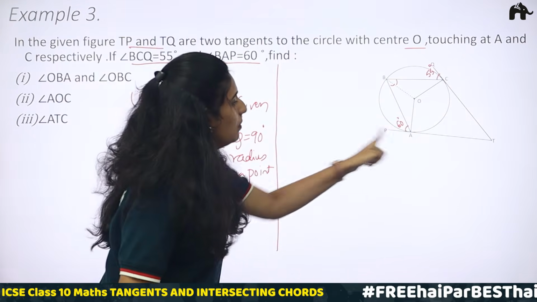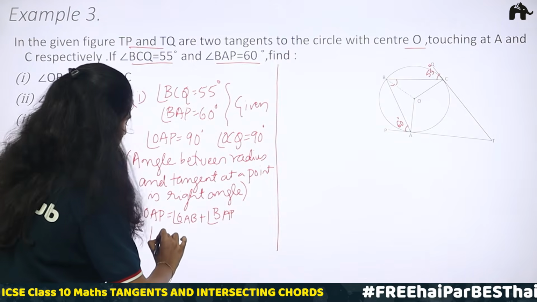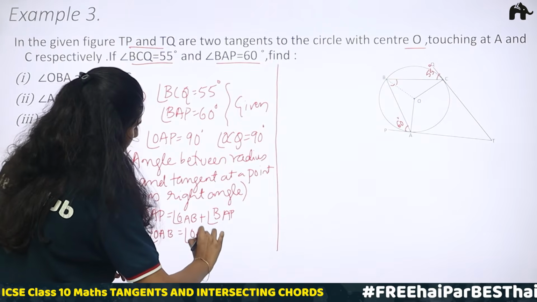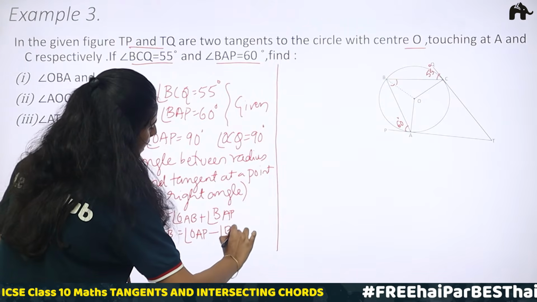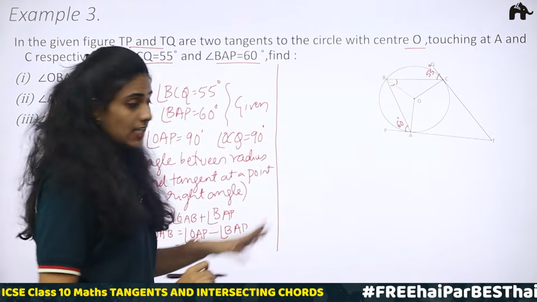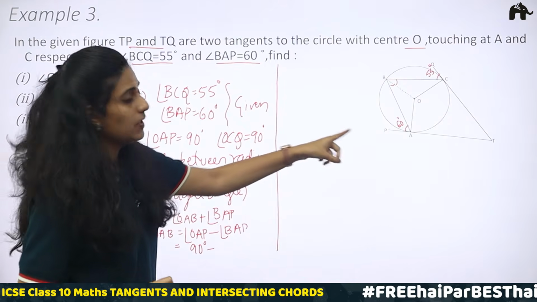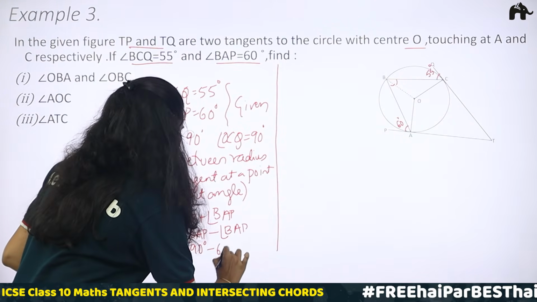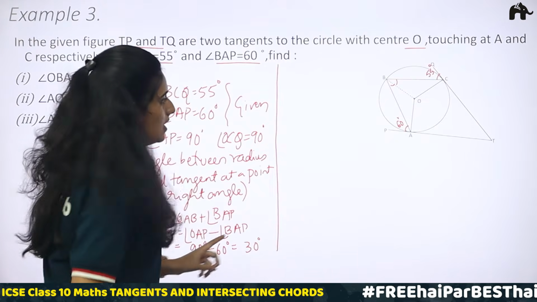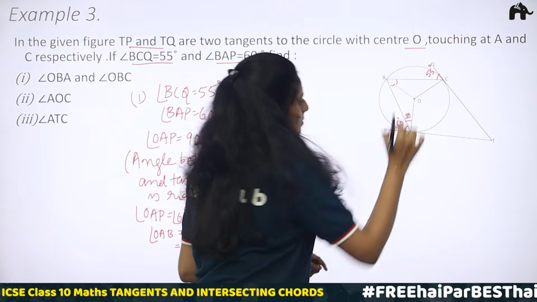Also, OAP we have 90 degrees, which means we can find OAB. OAB will be equal to angle OAP minus angle BAP. Put the values. OAP is 90 degrees, minus BAP, which is 60 degrees, that is equal to OAB equal to 30 degrees. We are getting OAB as 30 degrees.